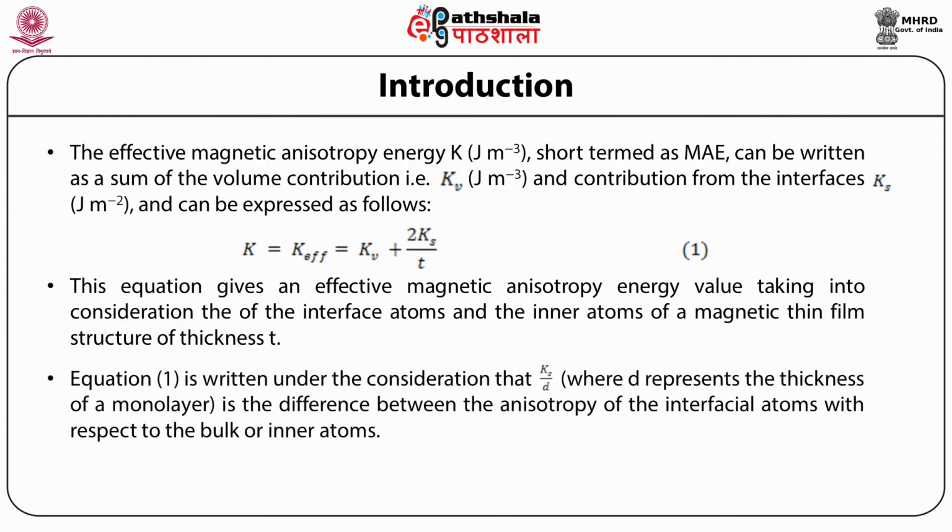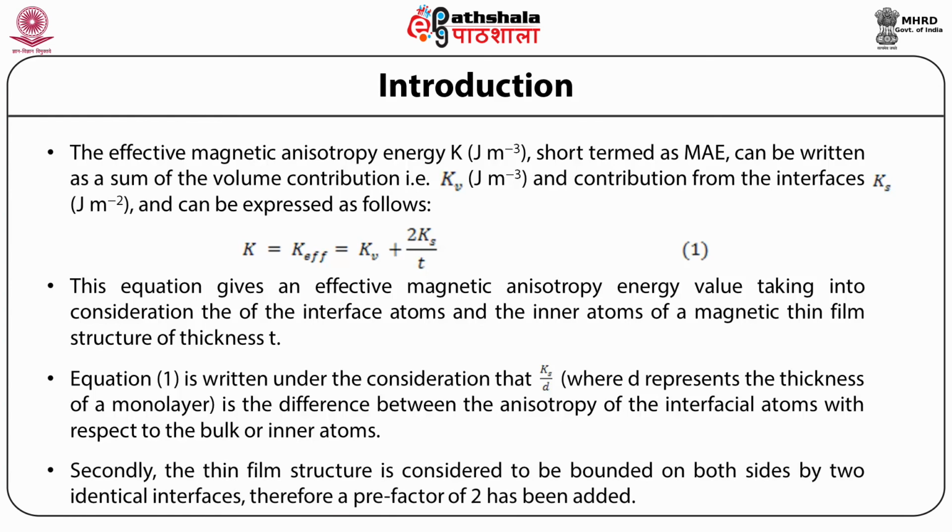The above equation is written under the consideration that Ks divided by d, where d represents the thickness of a monolayer, is the difference between the anisotropy of interfacial atoms with respect to bulk or inner atoms. Secondly, the thin film structure is considered to be bounded on both sides by two identical interfaces. Therefore, a prefactor of 2 has been added.